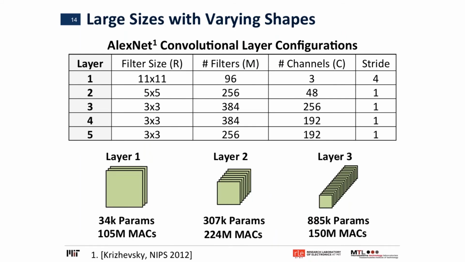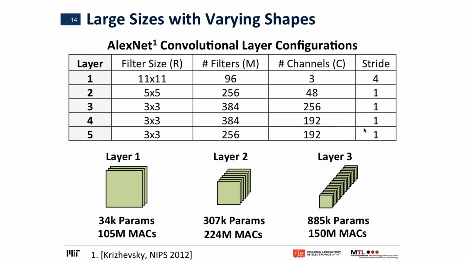The one thing I really want to highlight about these filters is that they're large in size and they vary in shape. If we look at AlexNet as an example, for each layer the filter size will change. It goes from 11 by 11 to 5 by 5, and then 3 by 3 for the rest of them. Furthermore, the number of filters will change, the number of channels will also change, as well as the stride.